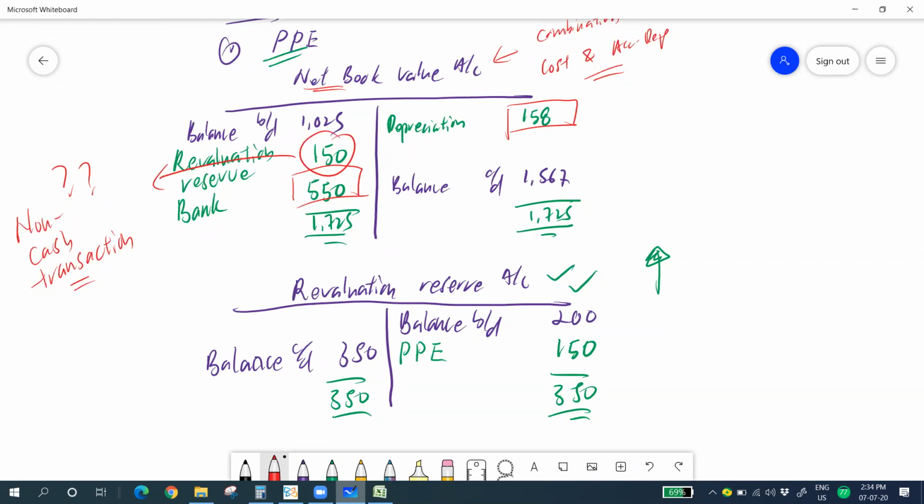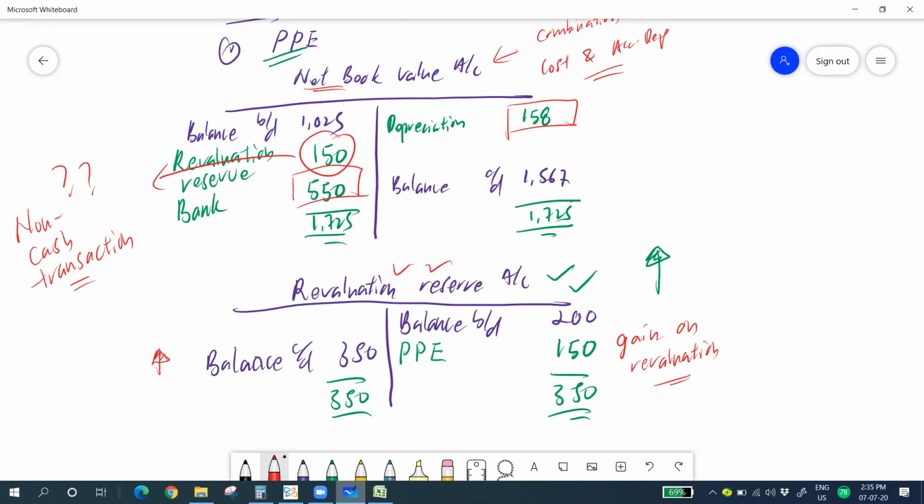Anyone plan to change answer? Anyone going to change answer? So to change to yes, explain again. All right. This 150 resulted from where? Resulted from your revaluation reserve. It means that you have a gain on revaluation. When you have a gain on revaluation, your revaluation reserve will increase, right?